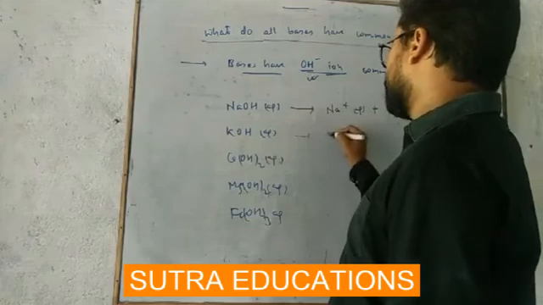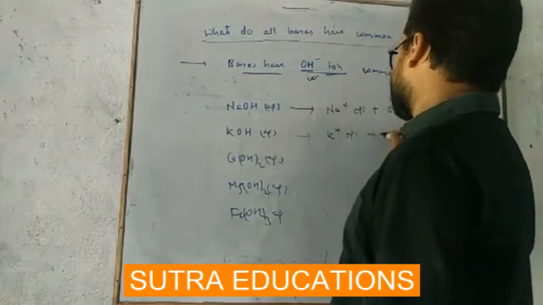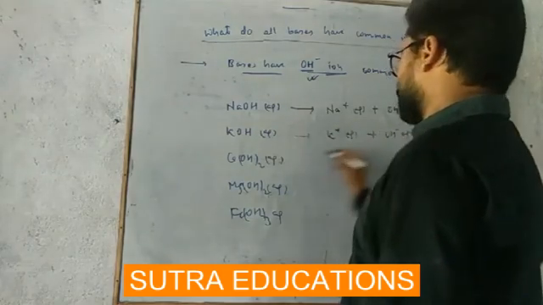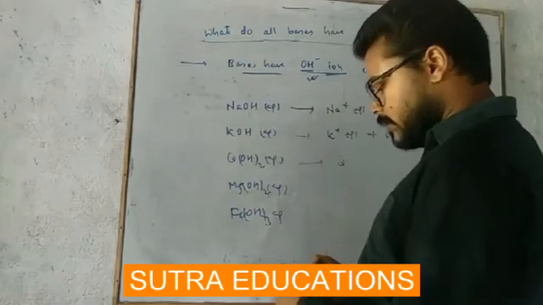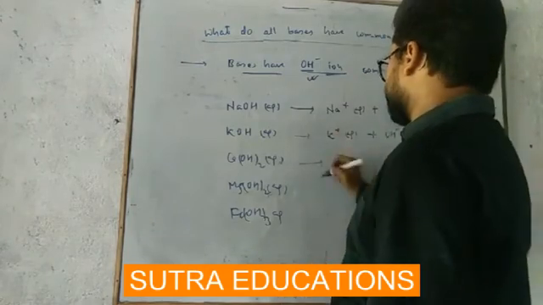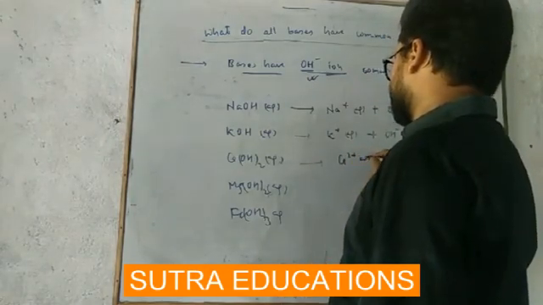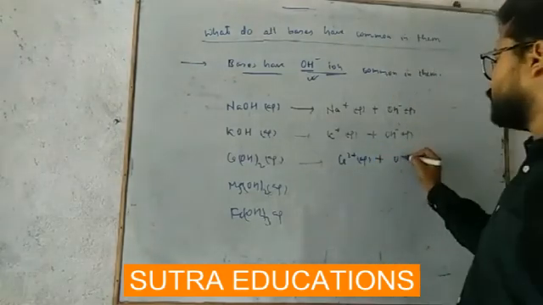KOH will give you K plus aqueous plus OH minus aqueous. Ca(OH)2 will give you Ca2 plus aqueous plus 2OH minus aqueous.